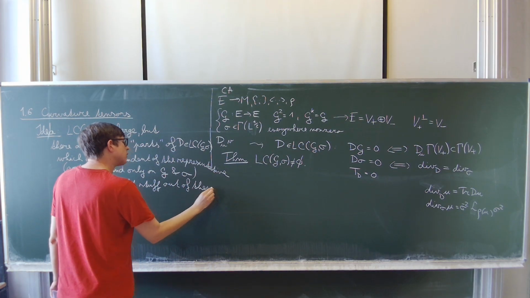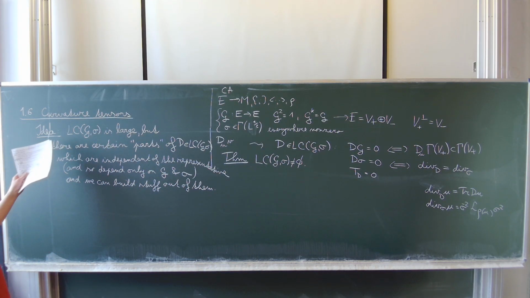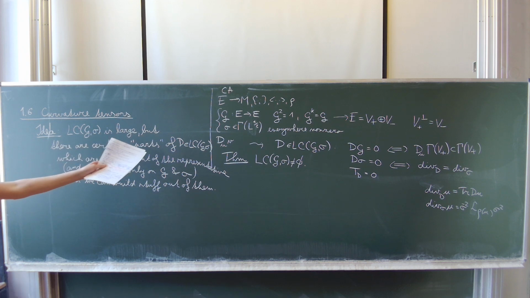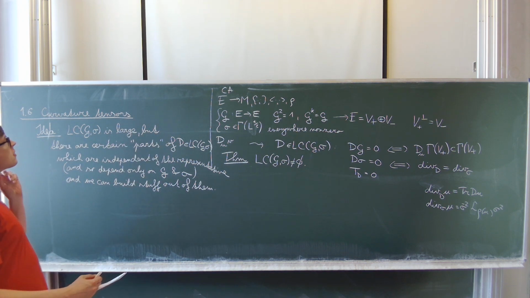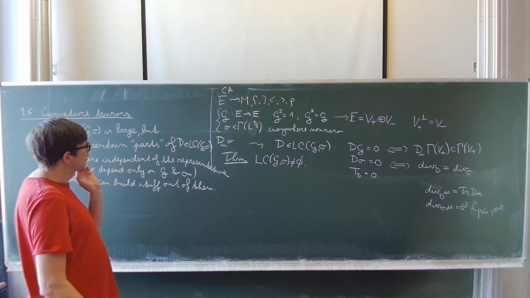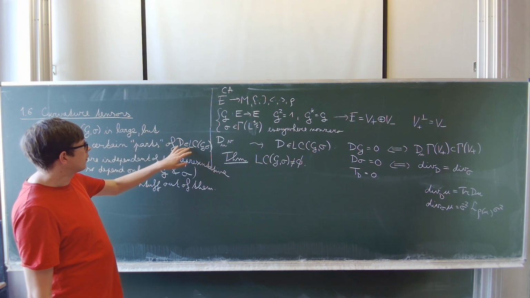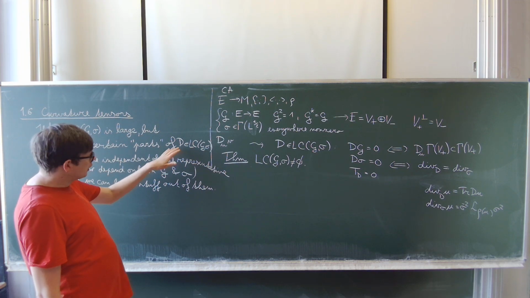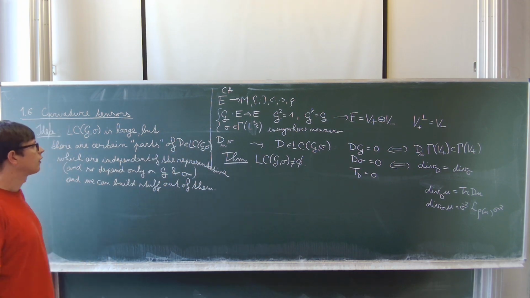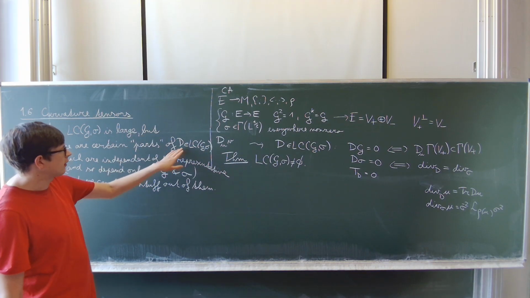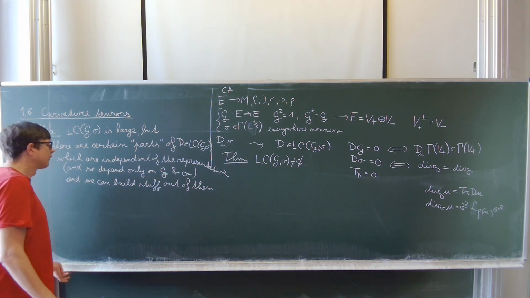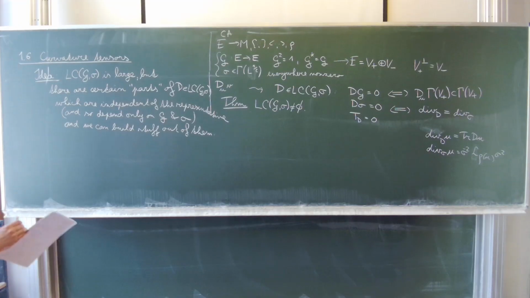Okay, so what does this mean? It means that the condition of being inside here, there is a freedom in choosing a representative in here, but it turns out that all of them have something in common. And we can use that common part to build something out of it.